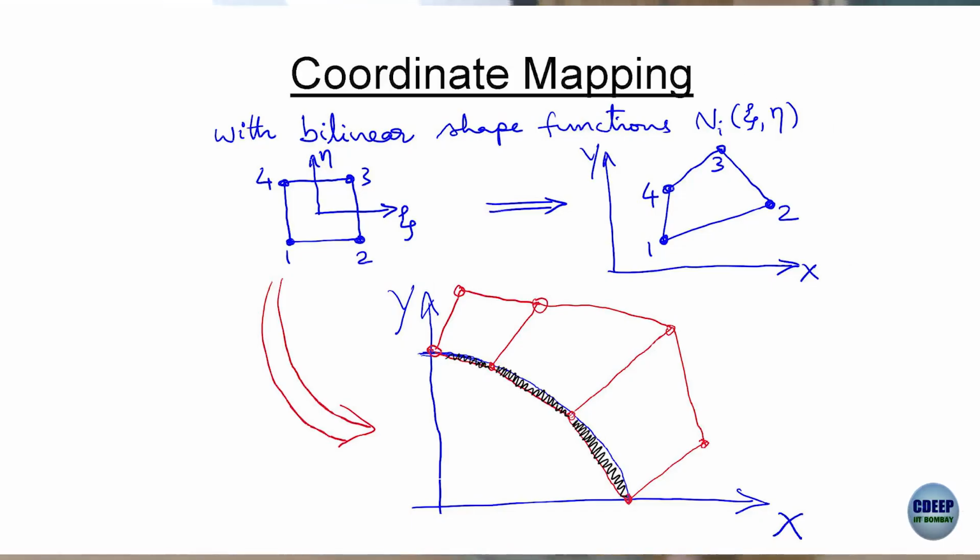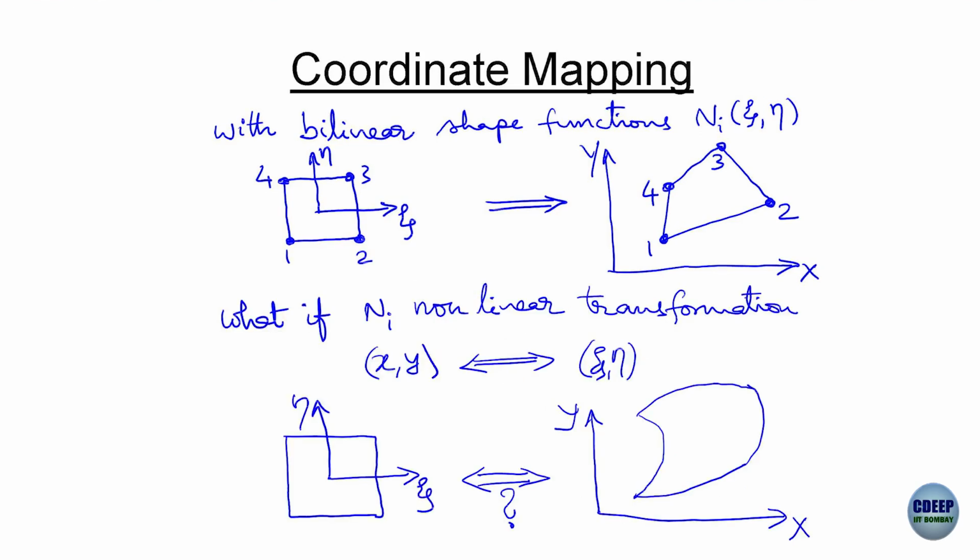Even if I were to take a few elements here and there, you would notice that I have either subtracted some material or added some material, because I am not modeling the circular geometry of the hole exactly, because my element is straight edged. So, this is a problem that we faced. So, we need to think in terms of some kind of nonlinear transformation.